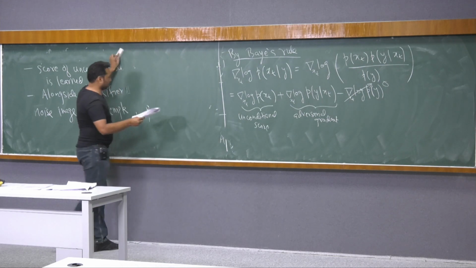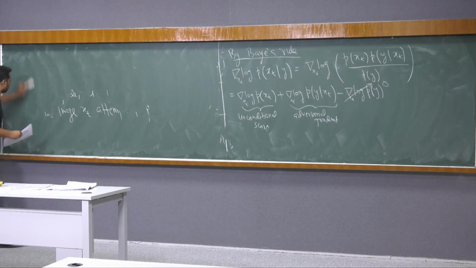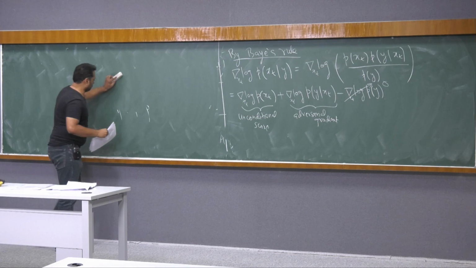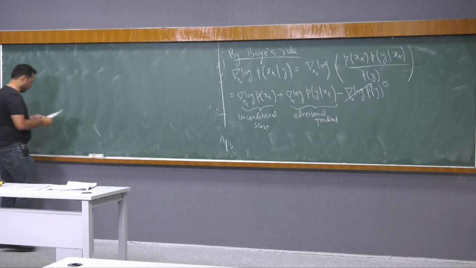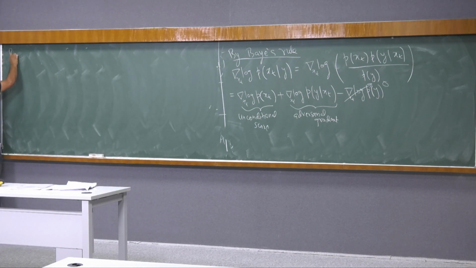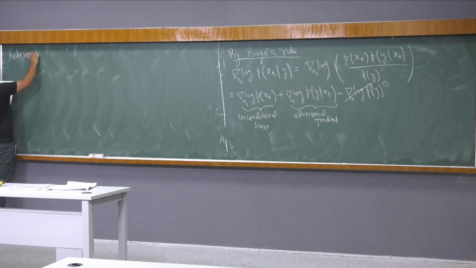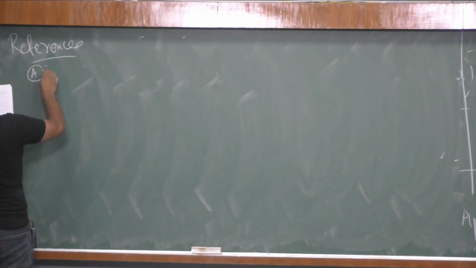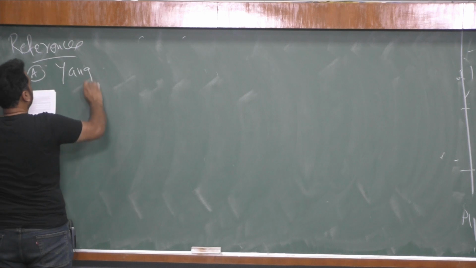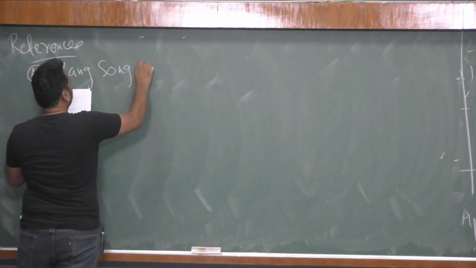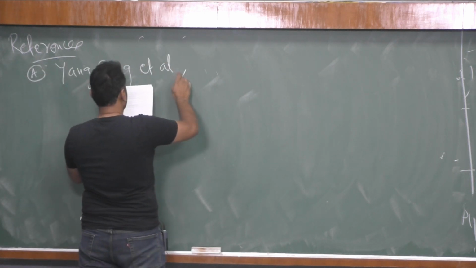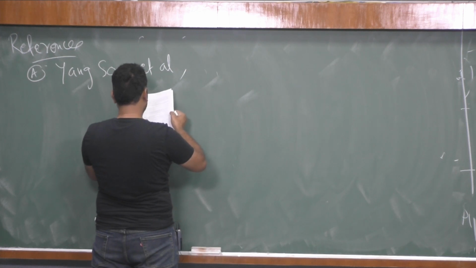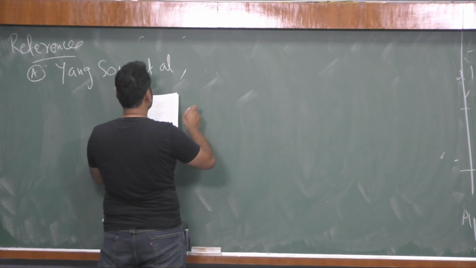I will put whatever notes I'm using, but in our notes let us keep it in our way. So here it's 10, so let us say in our case this reference is Yang Song et al. Okay, there are other authors, but you just write et al. And this is score-based generative modeling through stochastic differential equation.